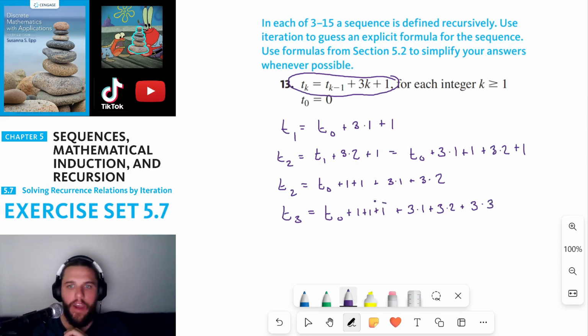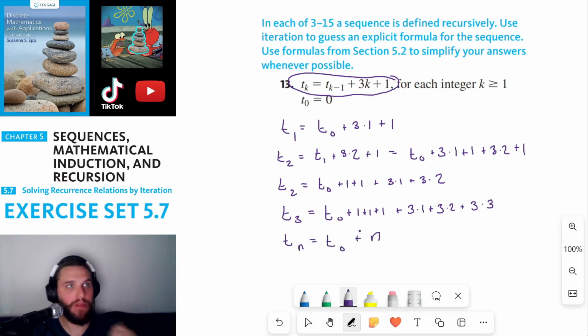Now, in general, the number of 1s we have is just the same as the index value. So if the index is 2, then there's going to be 2 plus 1s. And if the index is 1, then there's only going to be 1 plus 1. So we can generalize this formula to t sub n equals t sub 0 plus n.